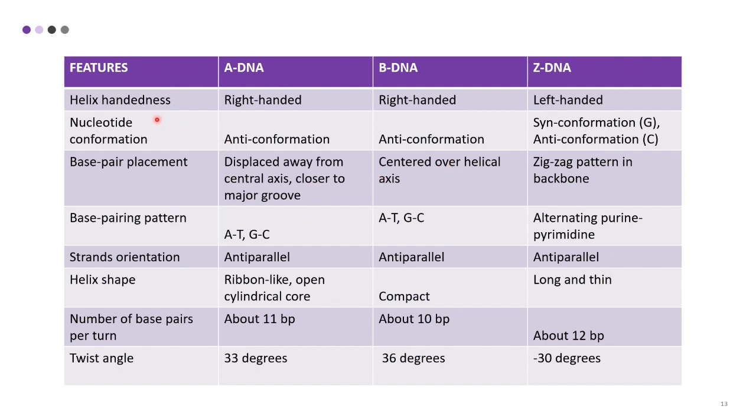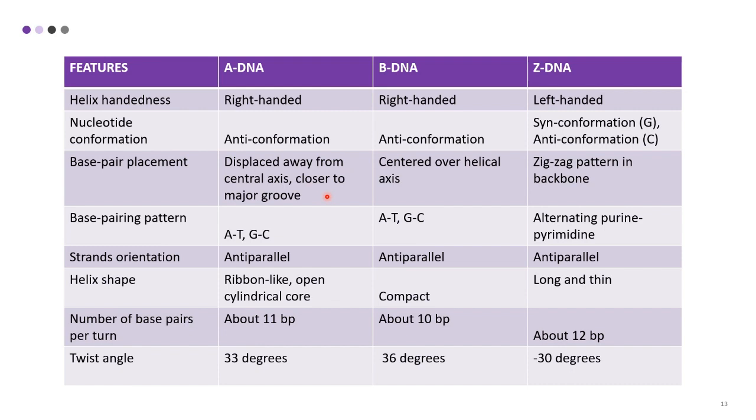The helix handedness is right-handed in A and B DNA, whereas it is left-handed in Z DNA. For the nucleotide conformation, A DNA is anti-conformation, B DNA is anti-conformation, whereas the Z DNA is said to have syn conformation in guanine and anti-conformation in cytosine. The base pair placement of A DNA is displaced away from the central axis and is closer to the major groove.